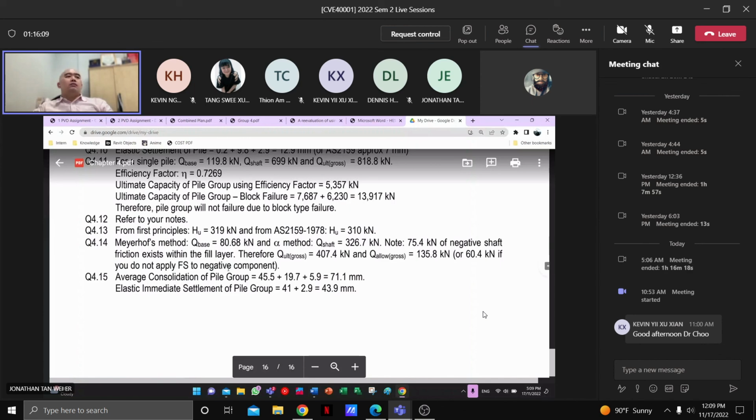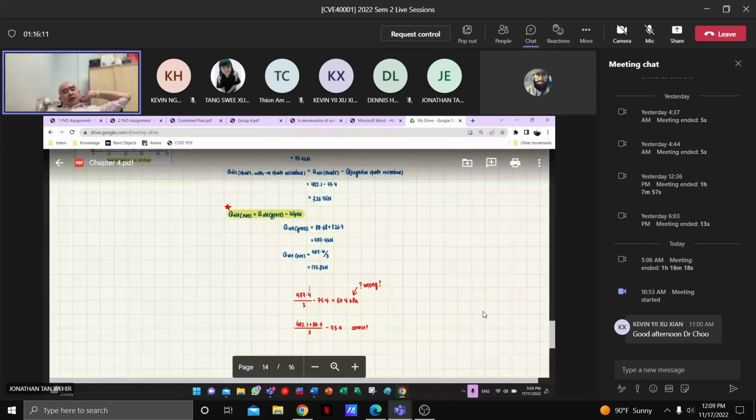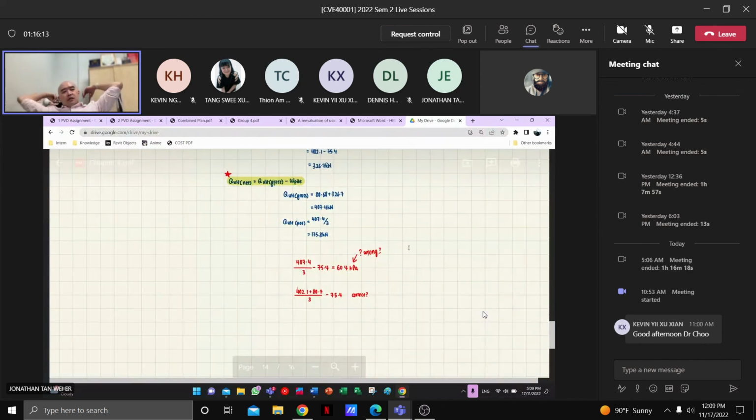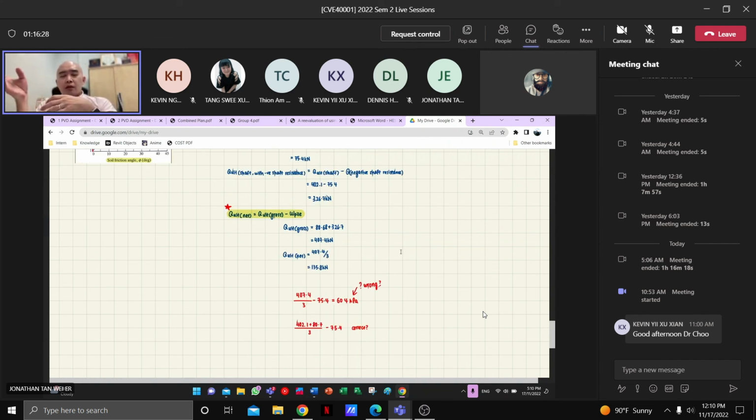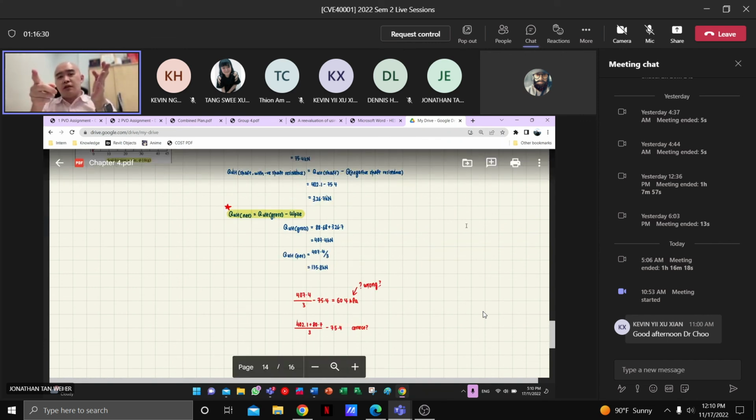Yeah, because when you apply the factor of safety, you notice that what you did here is you took the Q shaft, you calculated the Q ultimate shaft minus the negative skin friction. So when you divide by 3 like that, you are actually applying a factor of safety of 3 to the NSF as well.